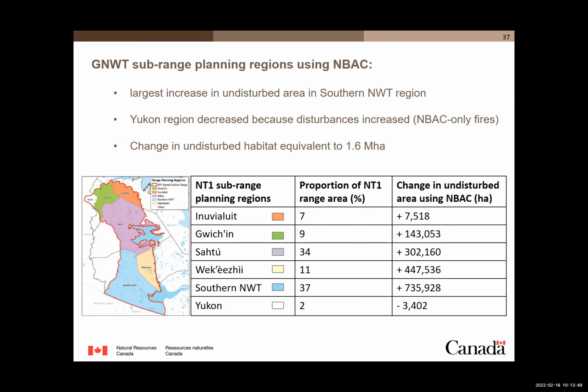The purpose of this was to do an application study, just to see how refined estimates from Landsat can help improve our knowledge of undisturbed habitat in the context of caribou.